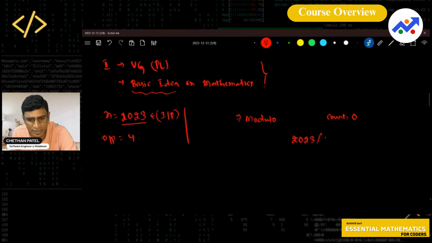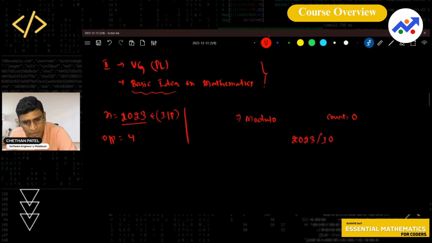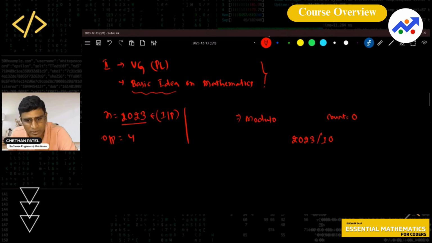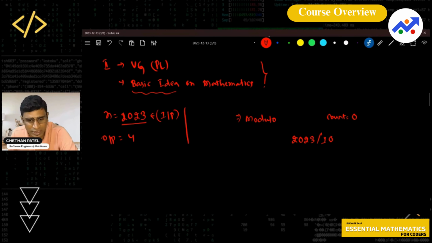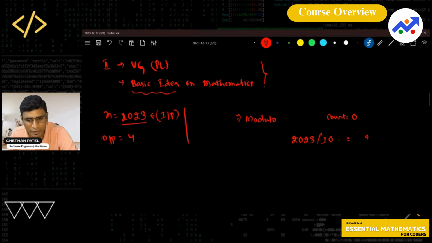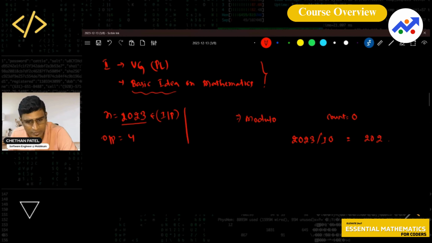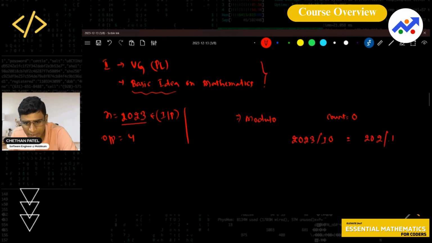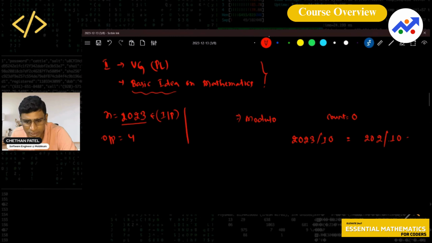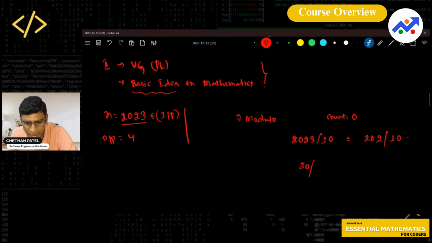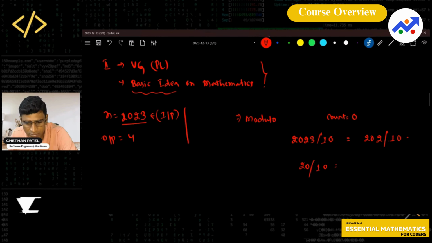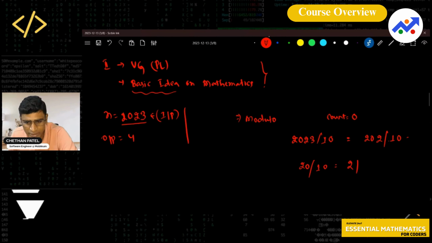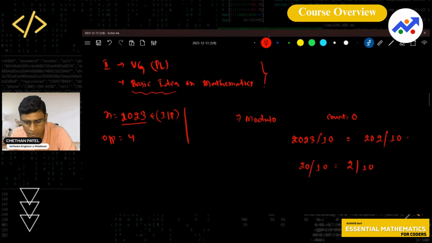I just start dividing by 10. Dividing 2023 by 10 gives 202, again divide by 10 and it becomes 20, again divide by 10 and it becomes 2, and divide by 10 again and it becomes 0.